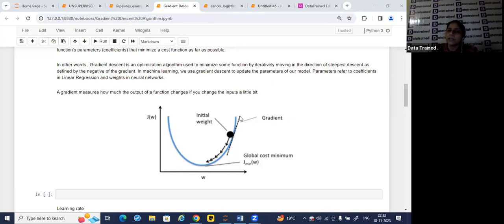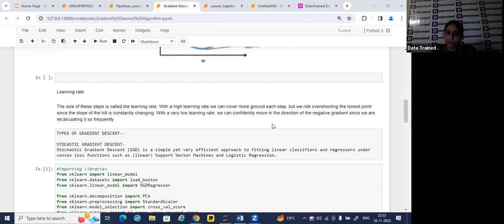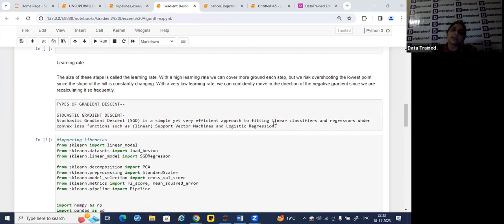So these come with the values of various adjusted parameters internally. Here, these are all adjusted with the learning rate parameters and other parameters. This is stochastic gradient descent.